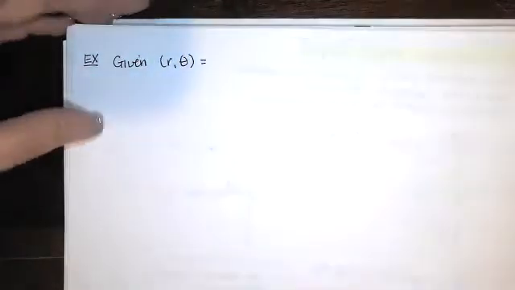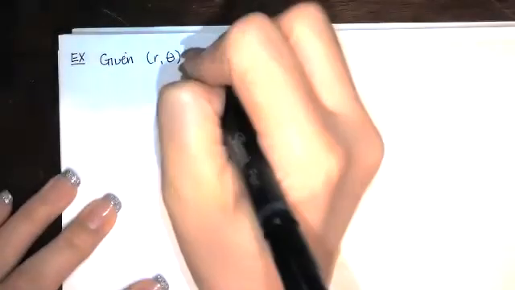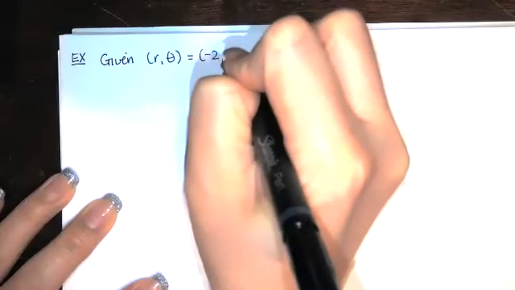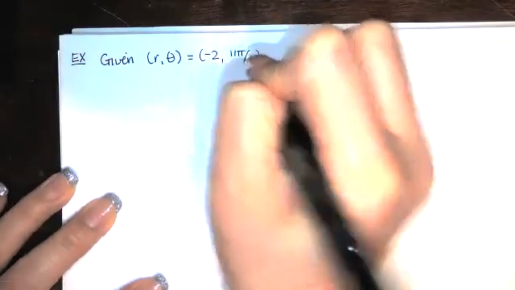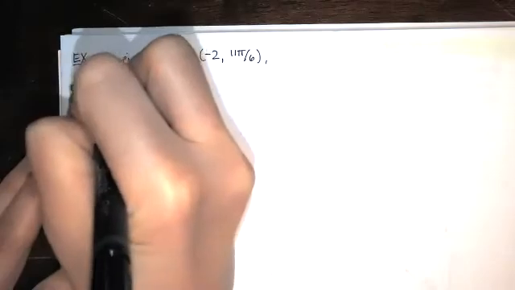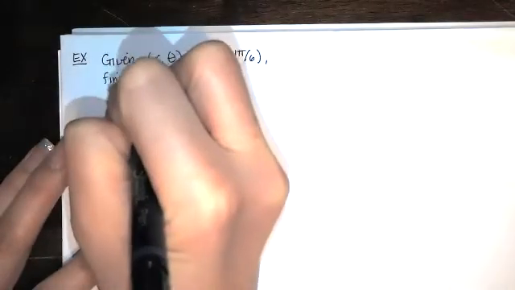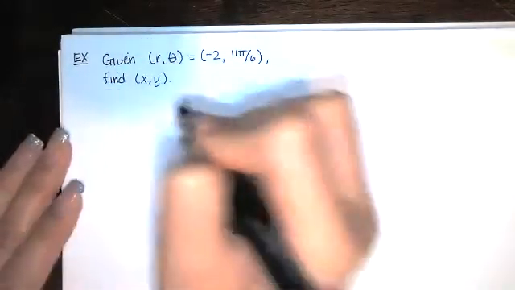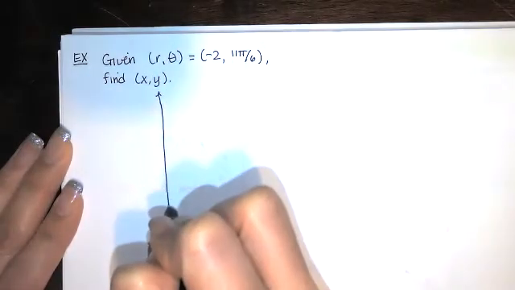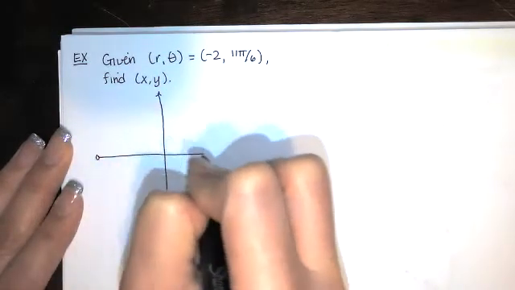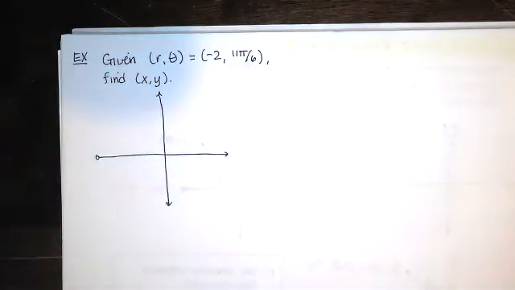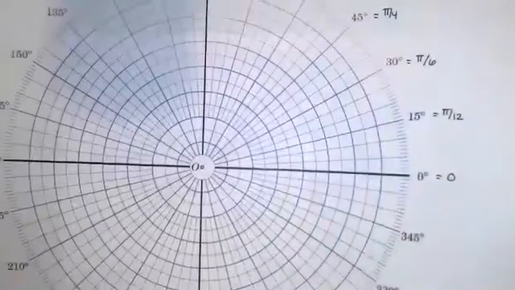So this time I'm given r equals -2 and theta equals 11 pi over 6. And we want to find the rectangular coordinates, x and y. Now I'm not going to use my plotting paper just to plot an ordered pair, but I could.